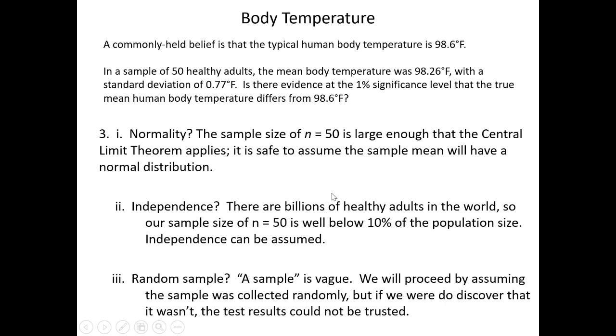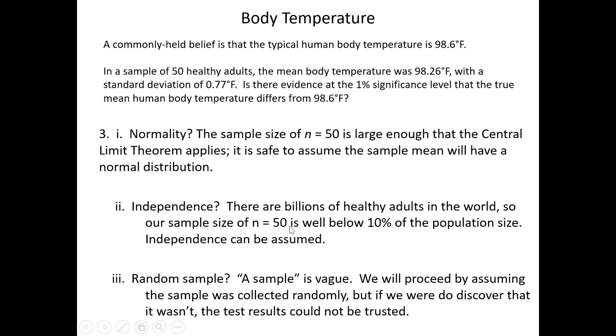You either have a large sample of 30 or more measurements, or you have a small sample of less than 30. In this case, 50 people had their temperatures measured, so that's a pretty large sample. Large enough that we can say, well, the central limit theorem has got us covered. It's safe to assume a normal distribution for the sample mean. We don't actually need to see each measurement and make a histogram or a box plot in this case.